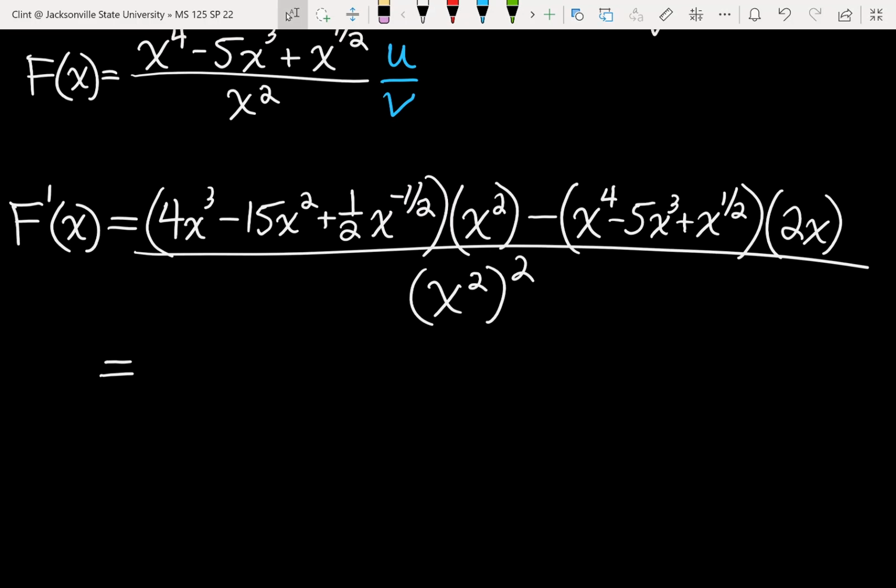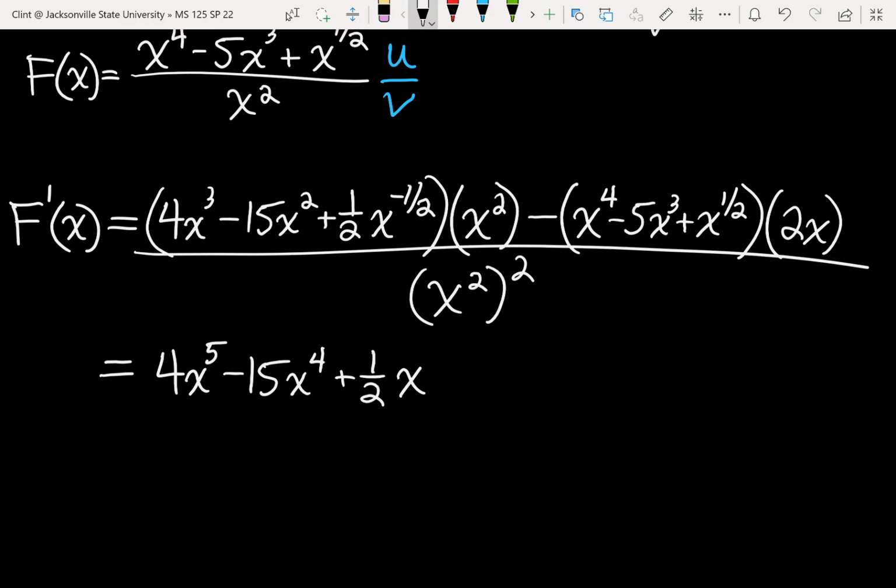If we simplify, let's see here. It's not terrible because we're just doing distributive property a couple times. So that's 4x to the 5th minus 15x to the 4th plus 1/2. On this one, we've got 2 times minus 1/2.